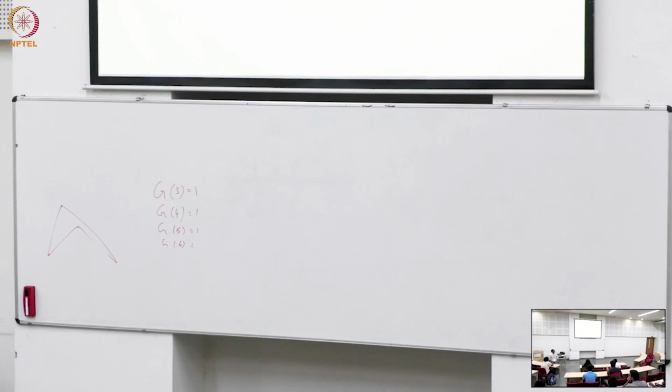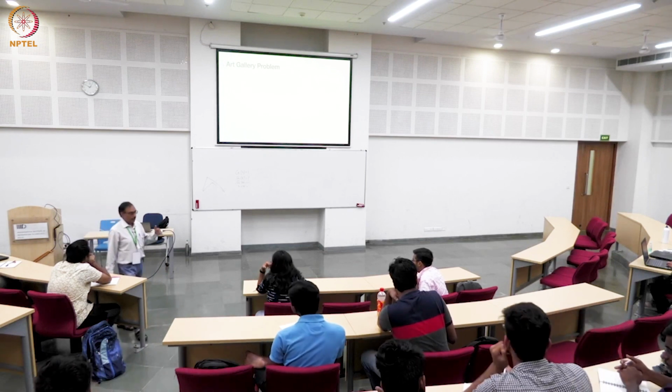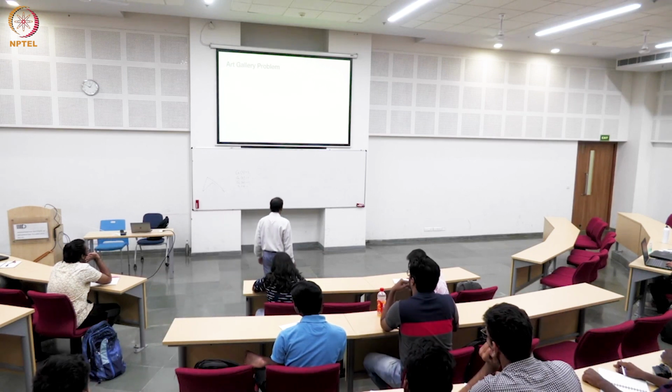You can see that G of 6 will be 2, but there may be some 6 vertex polygon that requires only one. Any convex one, like a hexagon, will require only one, and that is also a polygon of 6 vertices. But there are some polygons with 6 vertices that require more than one. So that means G of 6 is going to be 2.